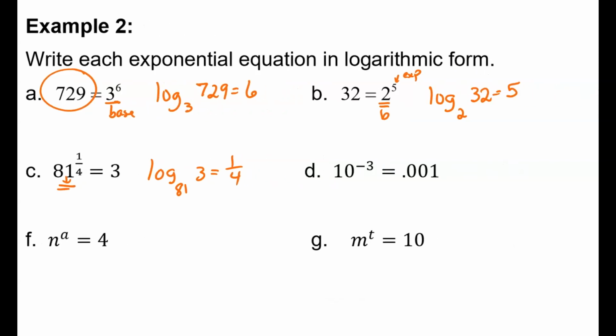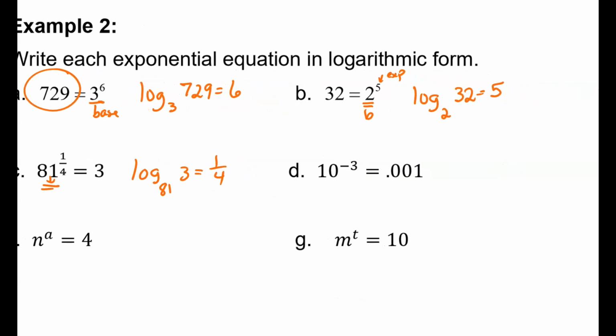We have 10 to the -3 equals 0.001. Now remember, this is my base. This is my exponent, and yes, you can have a negative exponent in this case. So we go here, log base 10 of 0.001 is equal to -3.